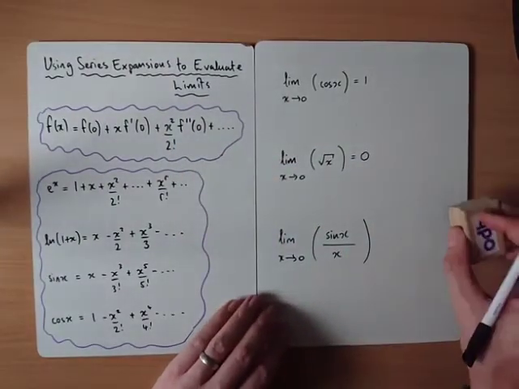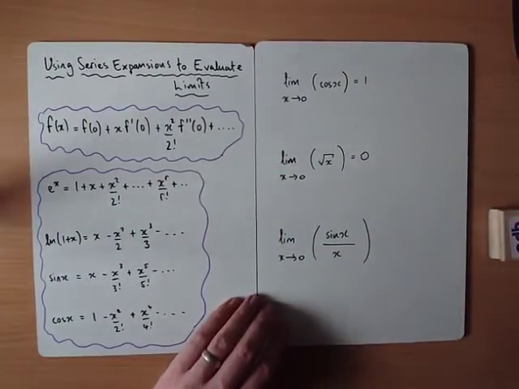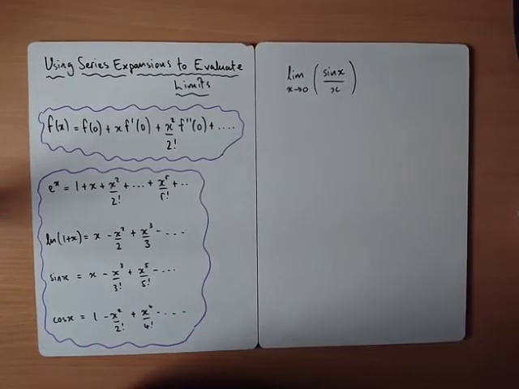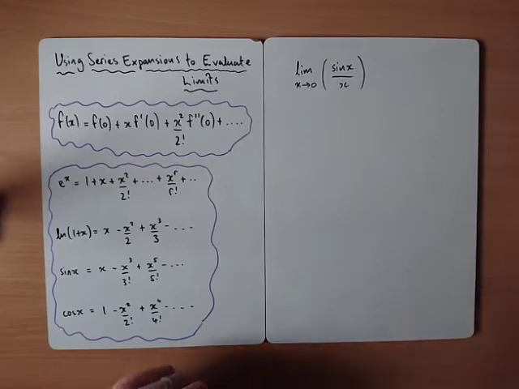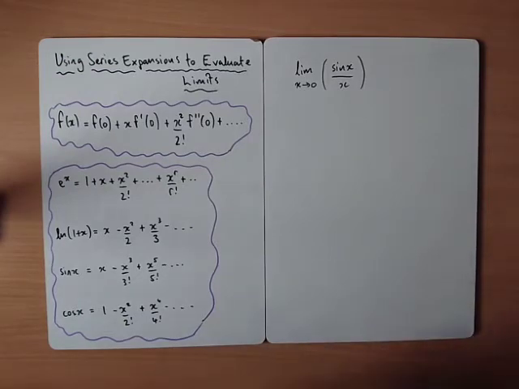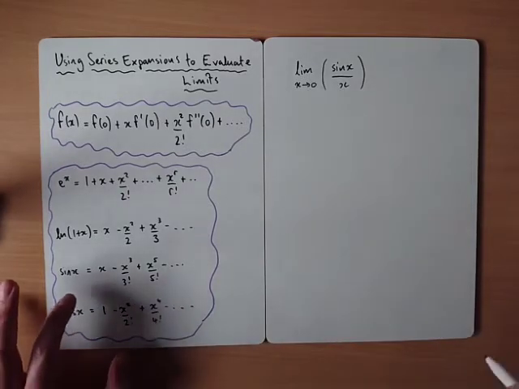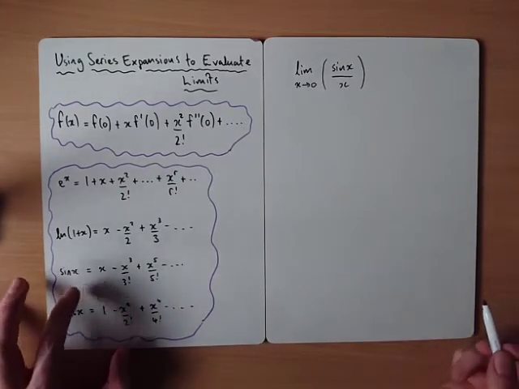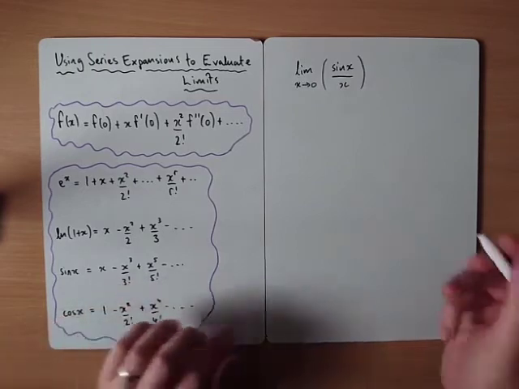So if we look at this question, let me just write it out. So we can think about it as a series expansion. And for this first one, we know the shortcut. We know sine x can be approximated as a polynomial.